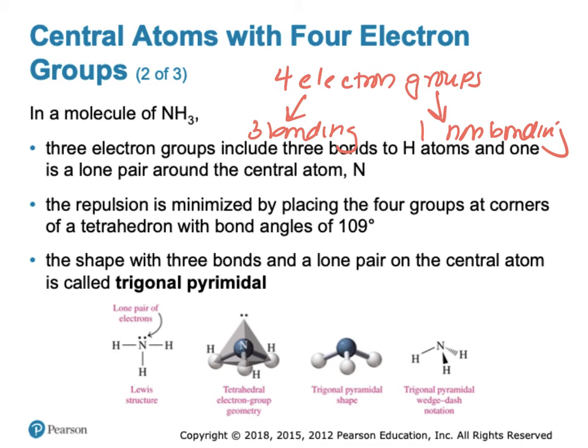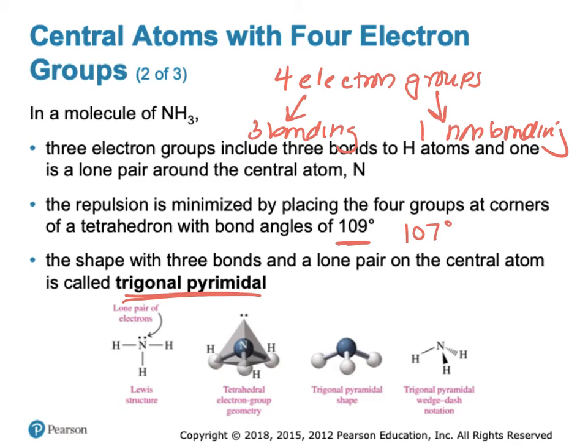That is the case for NH3, and we already went through how to draw the Lewis structure for NH3. So in order to minimize repulsion, you're going to place the bonding groups with bond angles of 109 degrees. Actually, to be accurate, they're going to be around 107 degrees. So they're going to deviate slightly from that 109. The shape is going to be trigonal pyramidal.